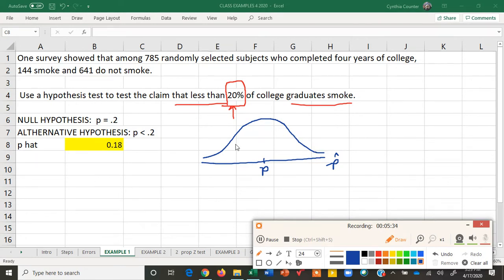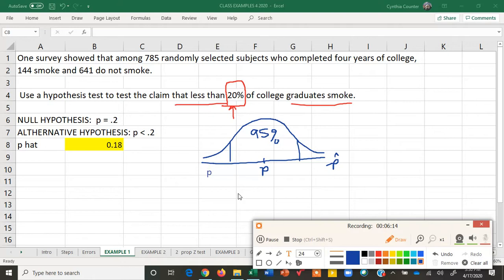We know that this is a normal distribution, and according to the empirical rule, 95% of the values here are within 2 standard deviations of the mean, right? Remember that when we're working with sampling distributions, standard deviation is referred to as a standard error. So on the left side, this is 2 standard errors less than the assumed value of P, my mistake.